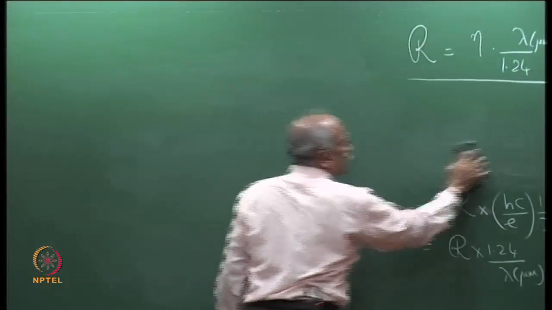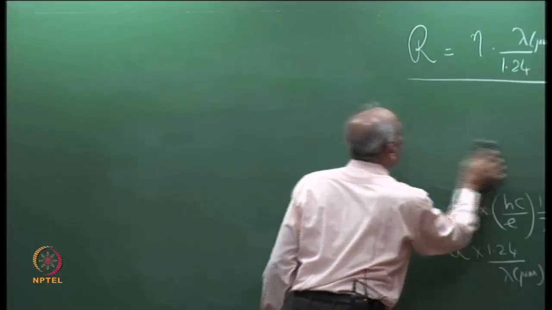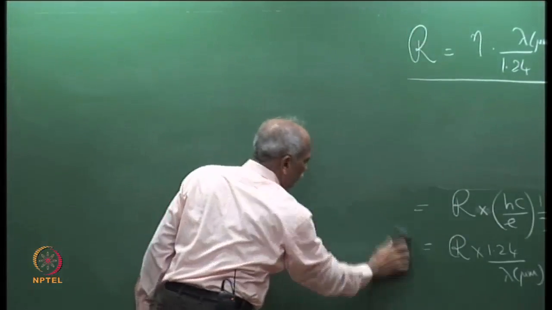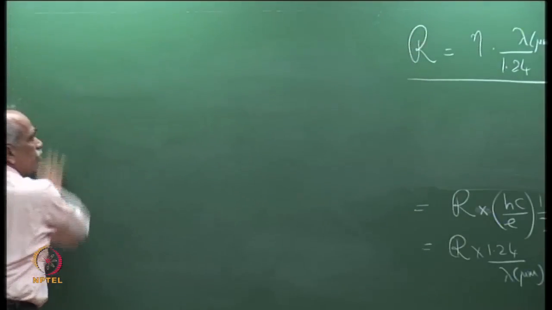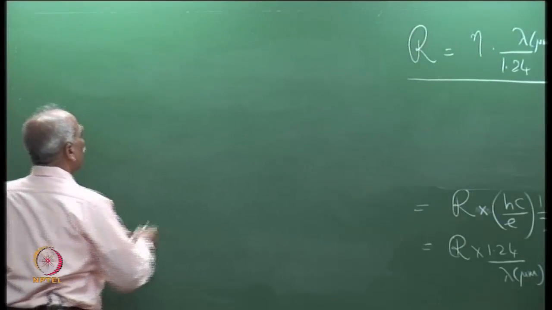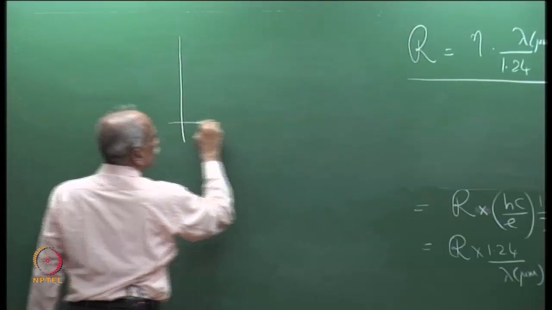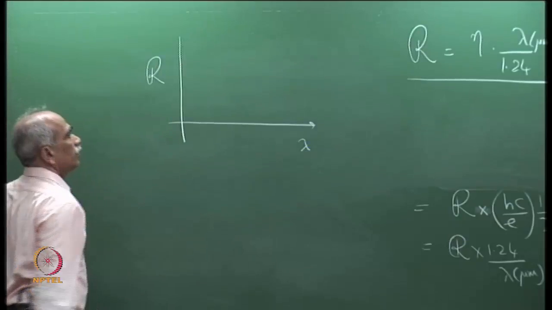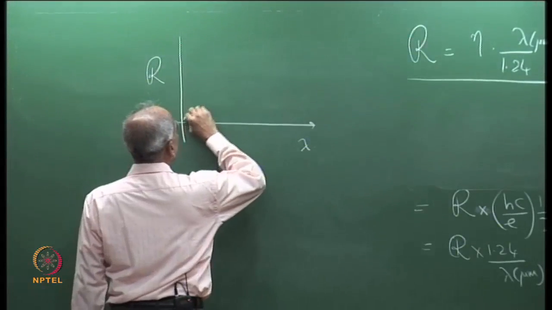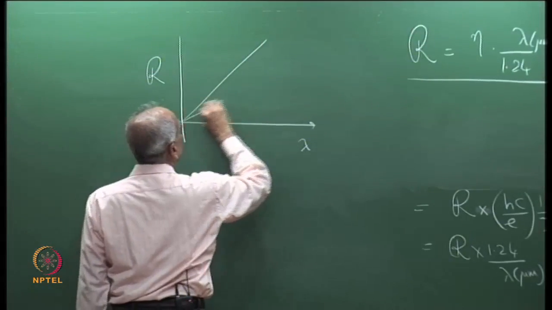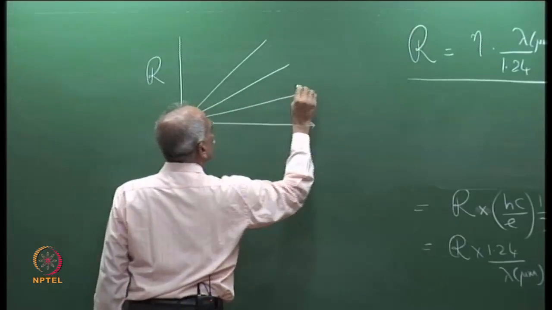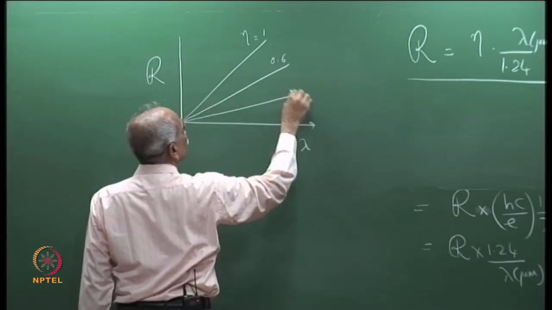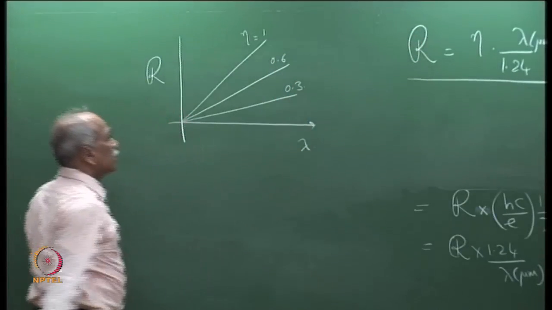In the last lecture, we have also discussed in detail how to maximize eta for a given structure and a given material. And if we plot the responsivity versus lambda, then you would have straight lines for different values of eta. So, this is what we have plotted: eta equal to 1, maybe 0.6, 0.3, with wavelength.